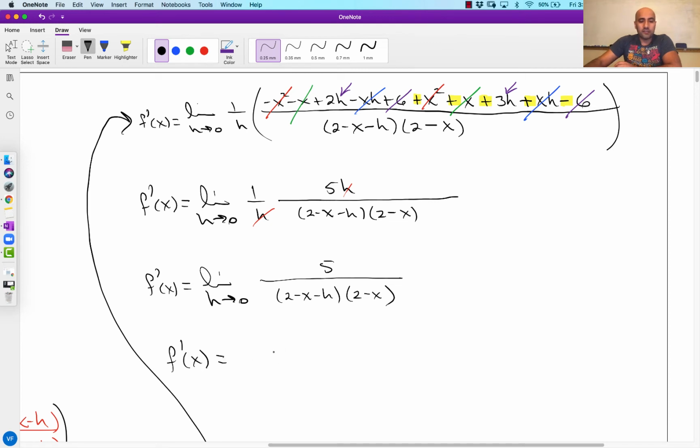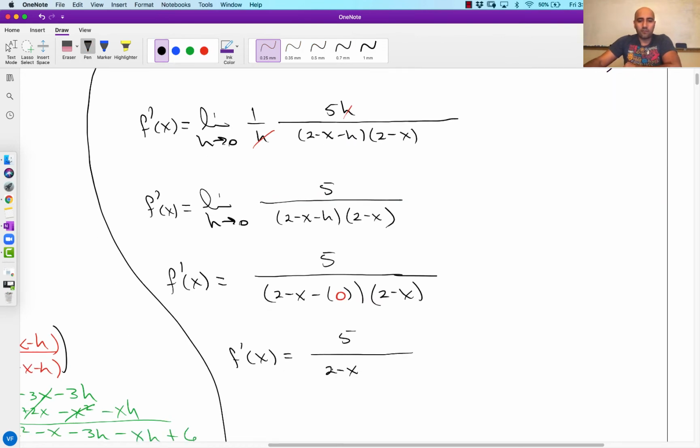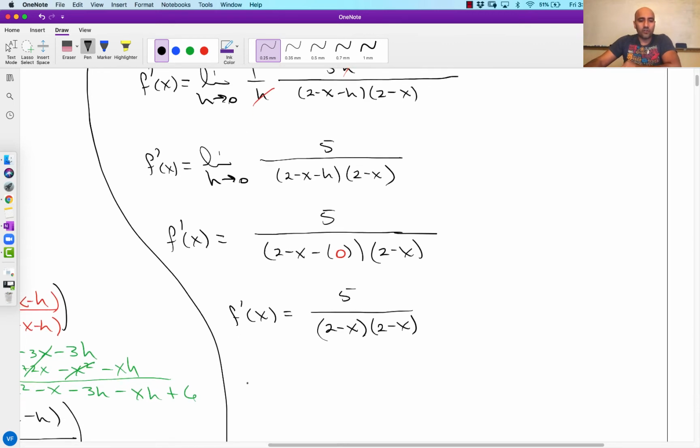So this is going to become 5 over 2 minus x minus 0, 2 minus x. So we replace the h with a 0, and when we do that, we end up with 2 minus x times 2 minus x, which then becomes 5 over 2 minus x squared. Okay, so that'll be our derivative.